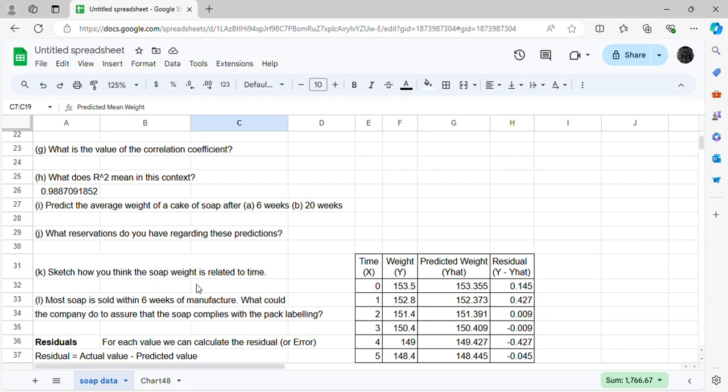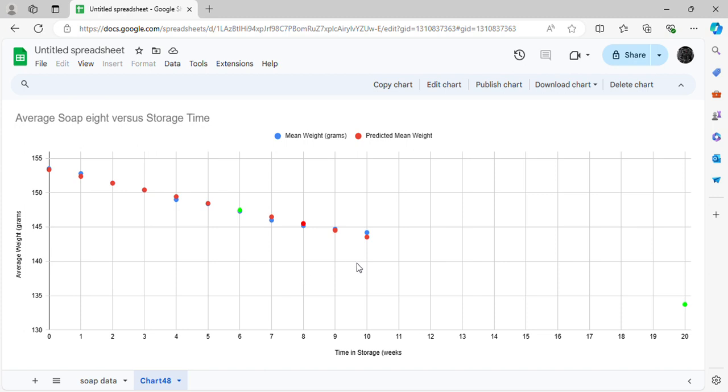Sketch how you think the soap weight is related to time. So this is the spreadsheet, and the soap weight is decreasing as the storage time in weeks increases.